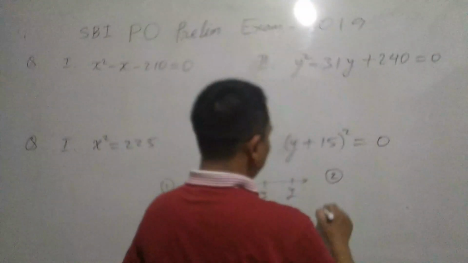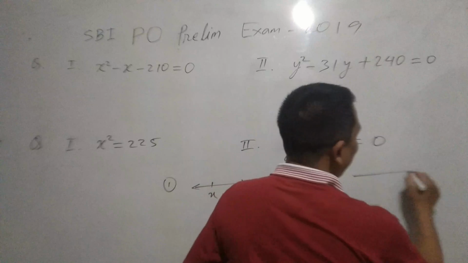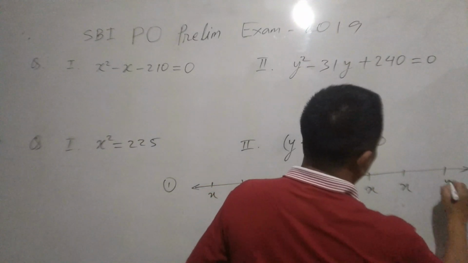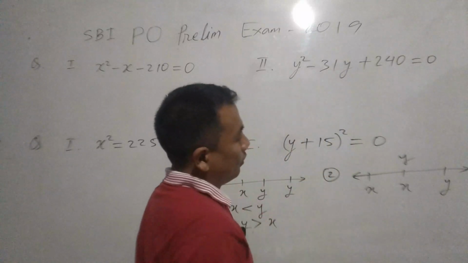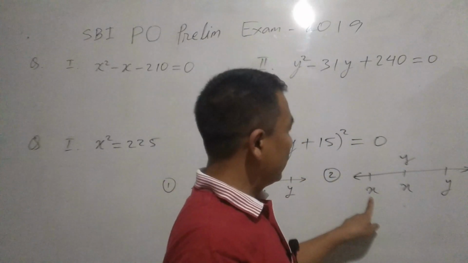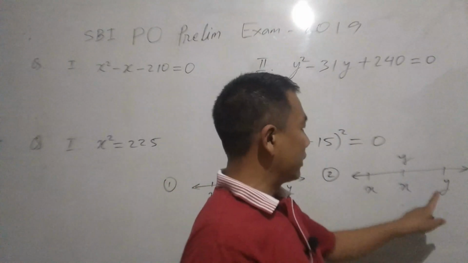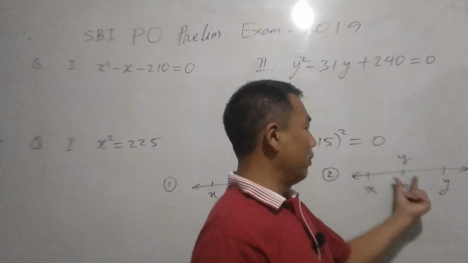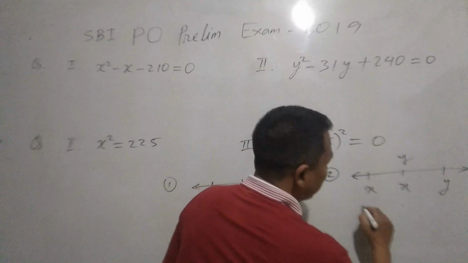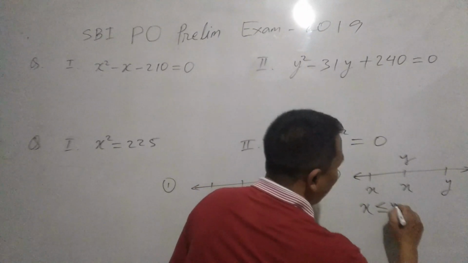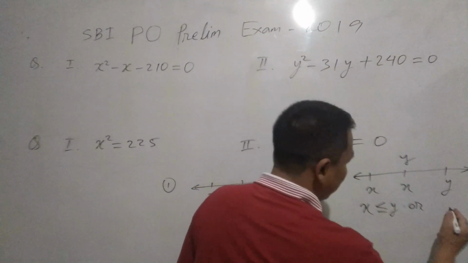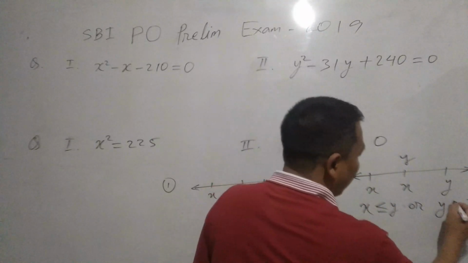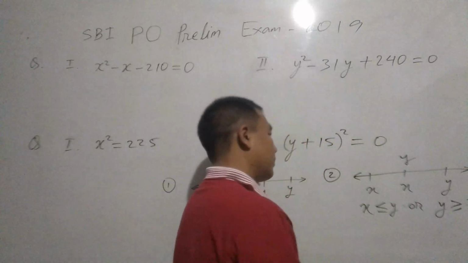Second one: if x is strictly less than y, and if one of the values are equal, then we can make the conclusion like this: x less than or equal to y, or interchange these two. This is the same as y greater than or equal to x.